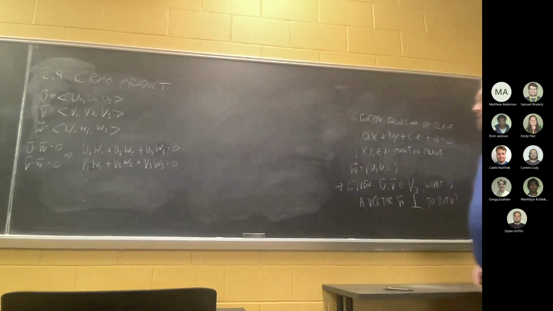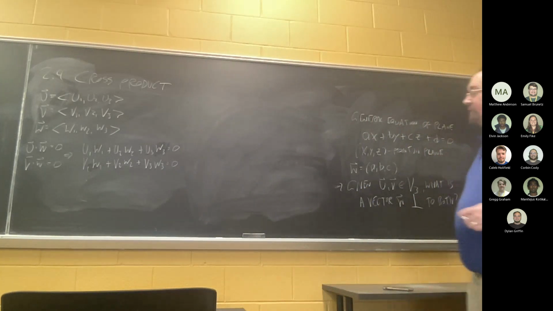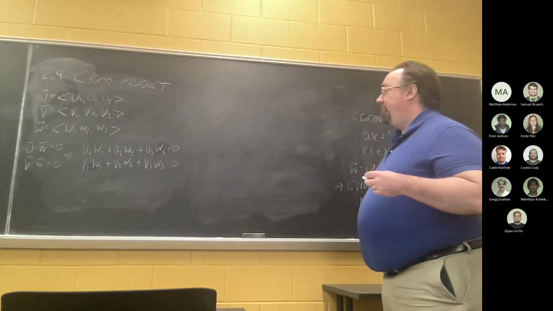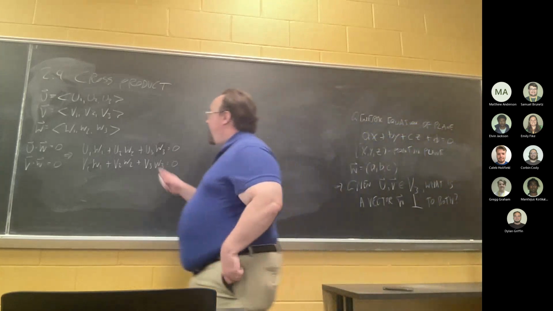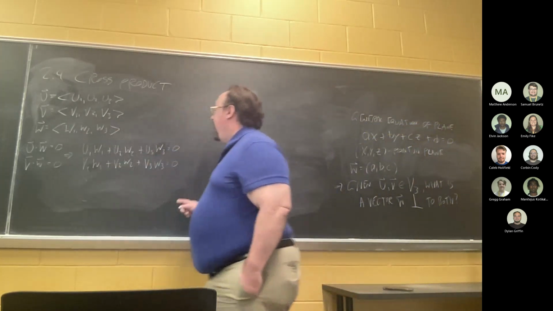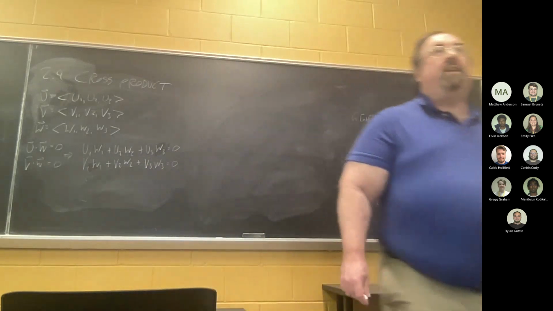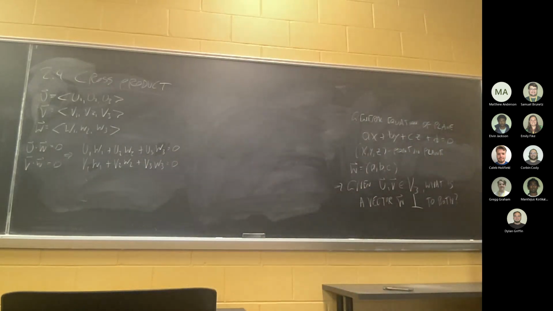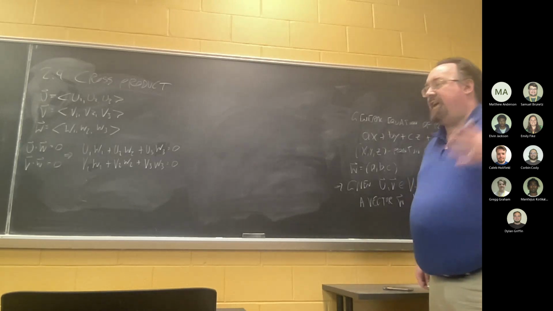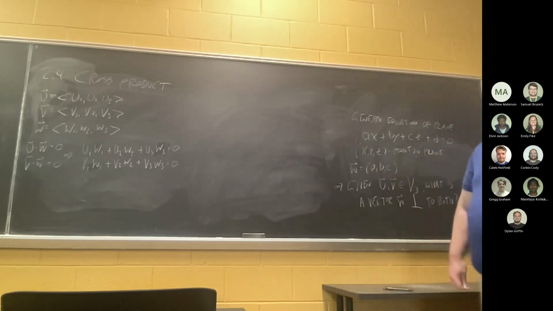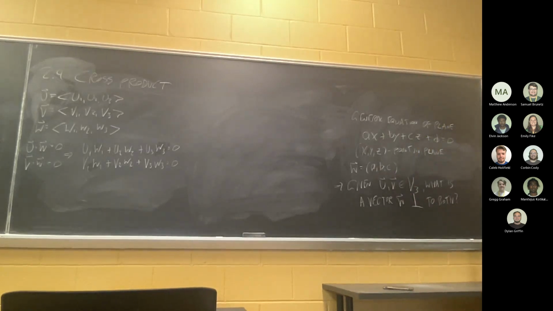Now, I won't go through all the algebra right here, but you can find it in the notes. We have three unknowns, W1, W2, W3, but we only have two equations. Can anyone tell me what it means when we have fewer equations than unknowns, in terms of how many solutions we might have? There's a free variable.